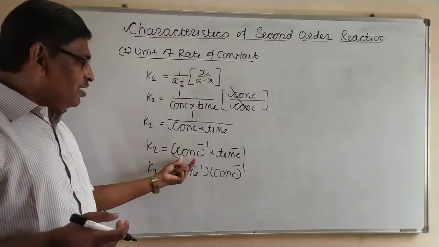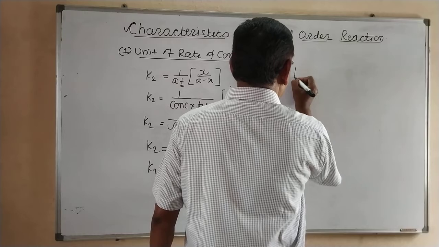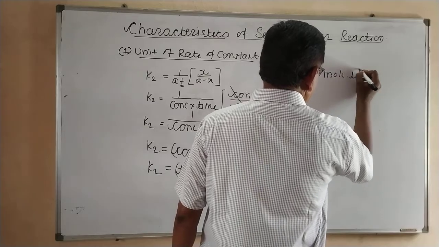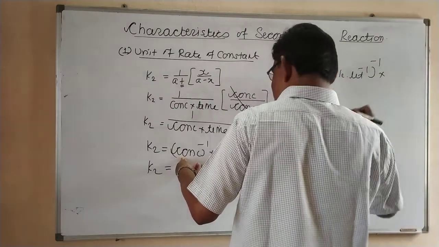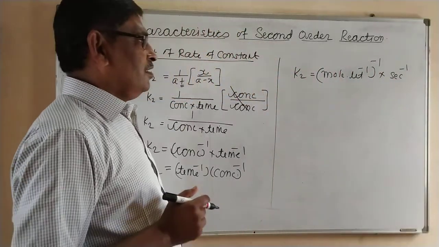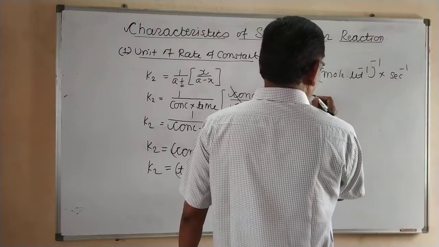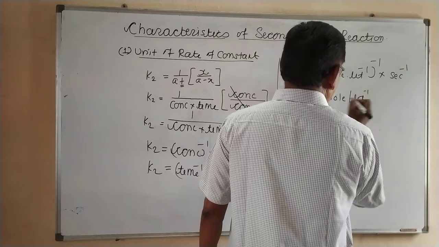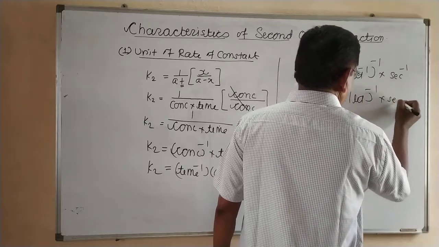Now we can substitute the value of concentration. What is this? K2, concentration is expressed in moles per liter raised to minus 1, and time, if it is expressed, then it will be in second units. This can be done in this manner. If we reshuffle it, then we can write this one.